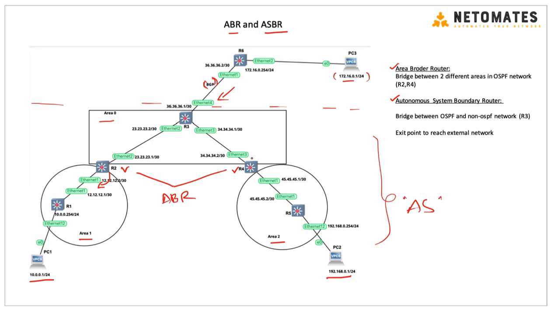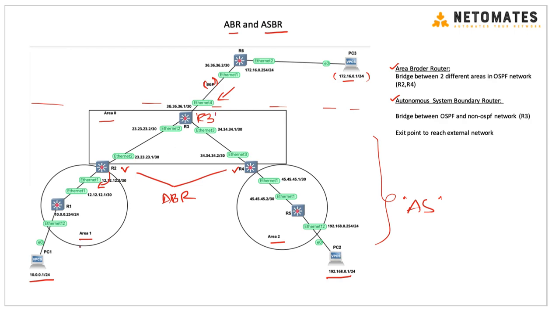From the OSPF standpoint, this whole OSPF network is the autonomous system, and the border of this autonomous system is whichever router connects to an external, different routing protocol. In this case, R3.